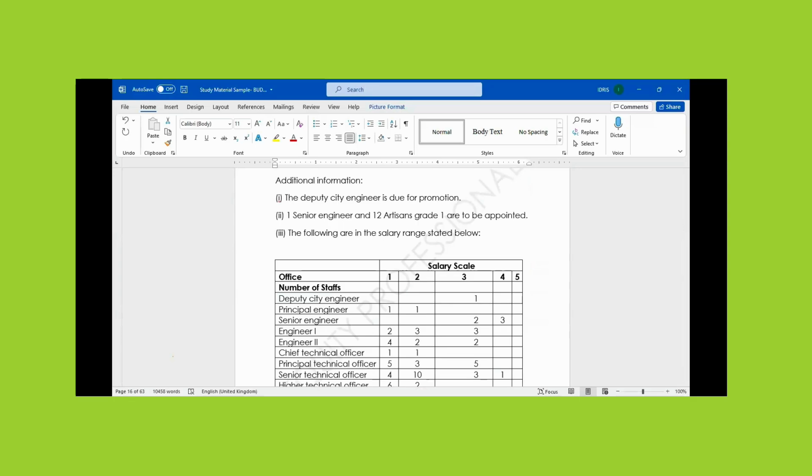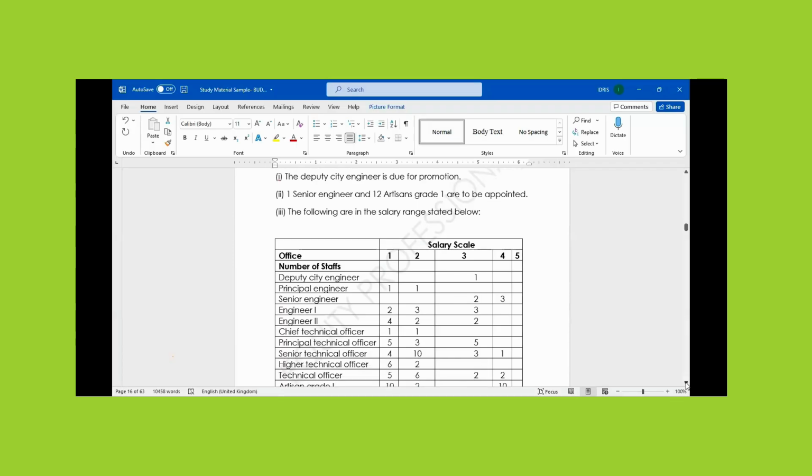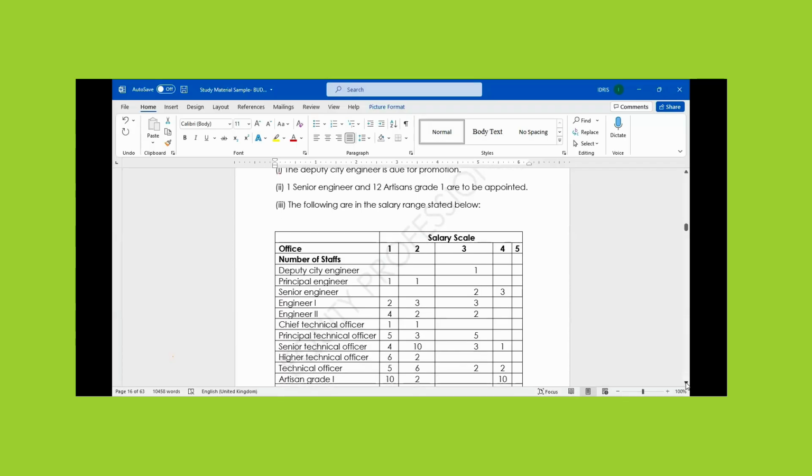One senior engineer will be employed. They have 5 already. If they appoint 1, it will make 6. So in our solution we have 6 senior engineers. The one just employed, what step is he going to start? Step 1.